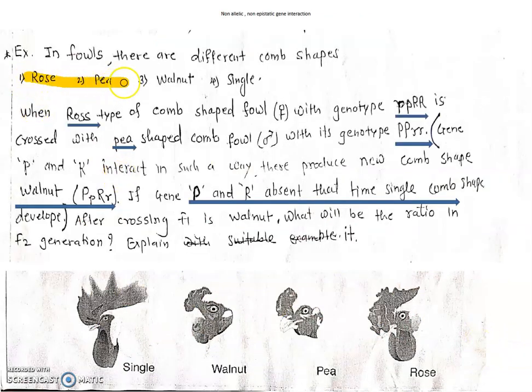There are four types of comb shapes. Take a rose type of comb shape, with genotype where capital R must be there and capital P is absent, crossed with a P shaped comb male, where P is always dominant and R is recessive.